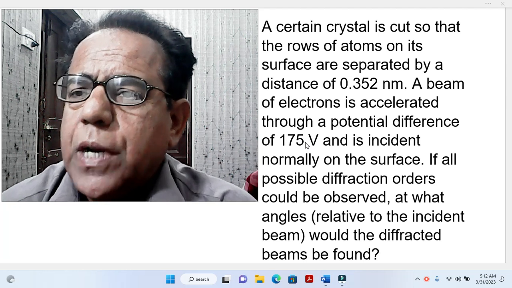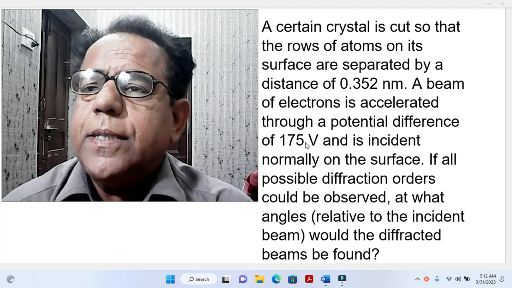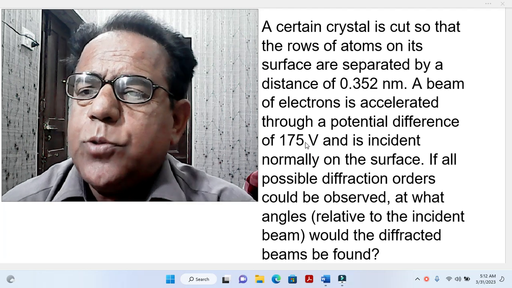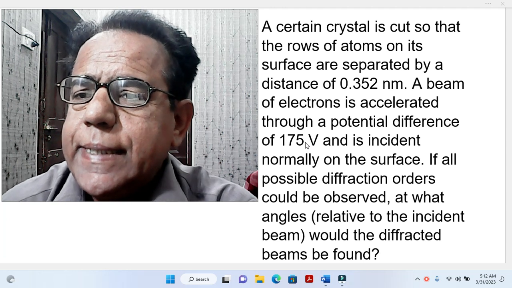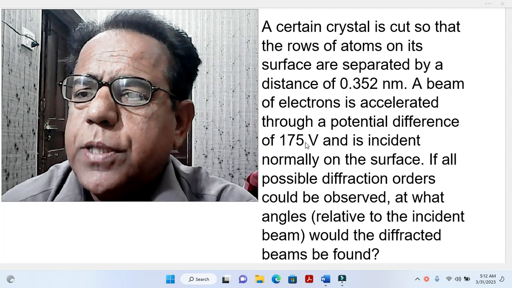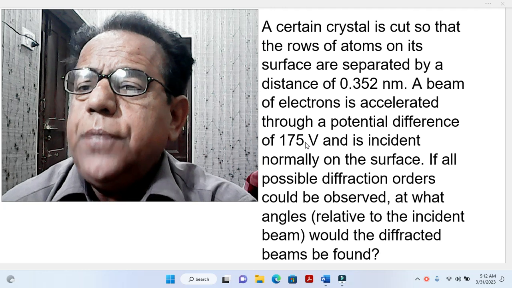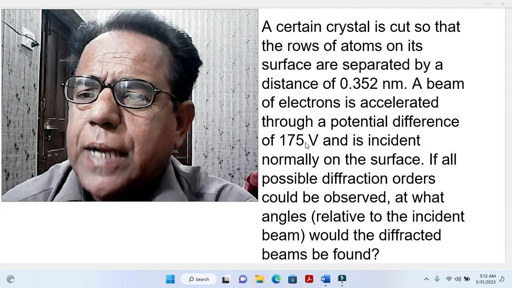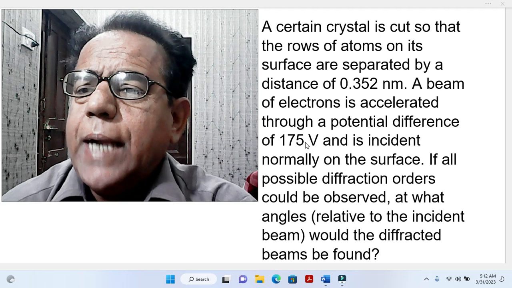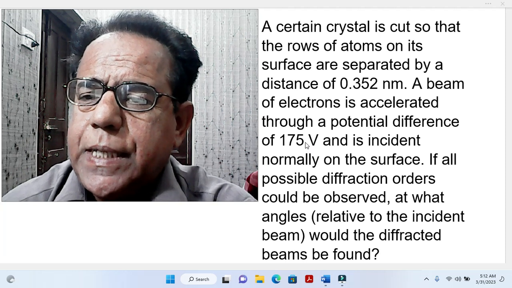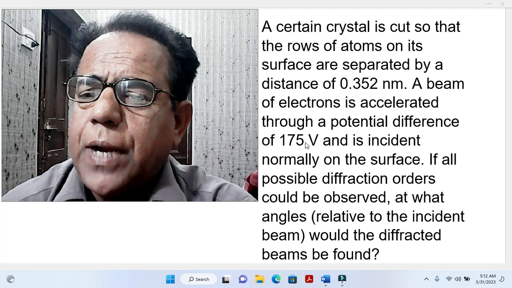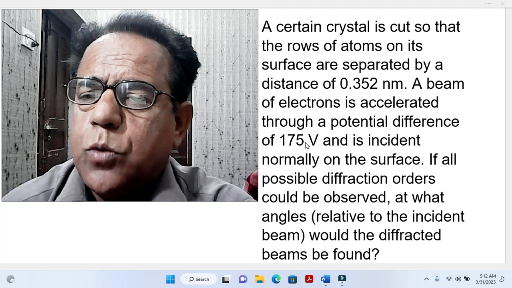A beam of electrons is accelerated through a potential difference of 175 volt and is incident normally on the surface. If all possible diffraction orders could be observed, at what angles relative to the incident beam would the diffracted beams be found?